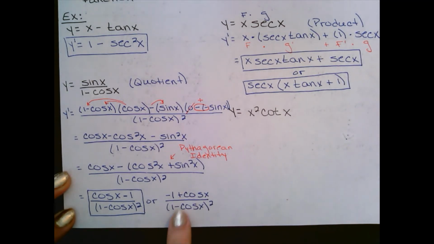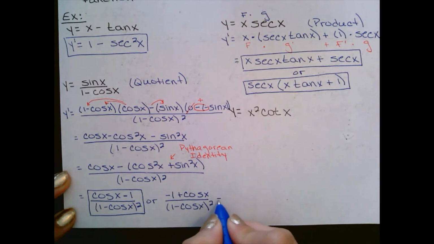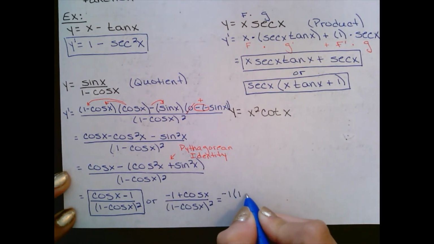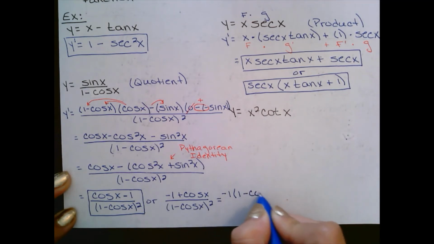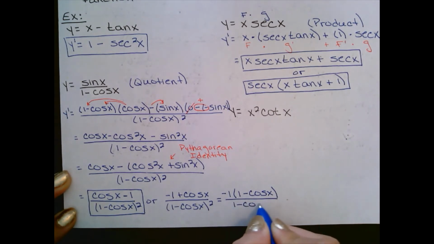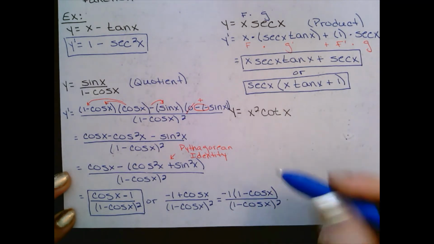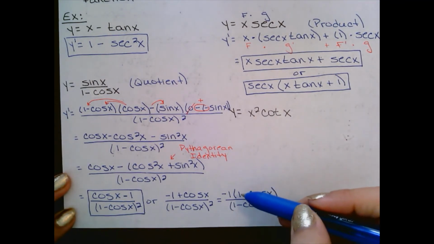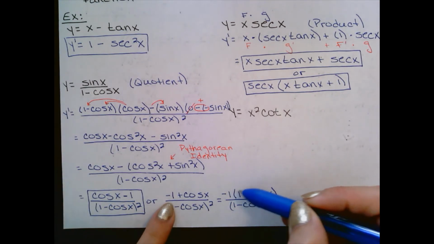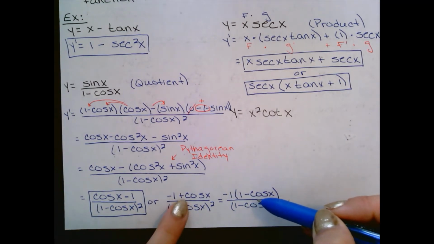I could get these two to have the same exact sign if I factor out that negative. Okay, so if you're getting a little confused as to how we got here, imagine if I multiply this -1 in. I'd have a -1, and then multiply it here, I'd have a positive cosine.